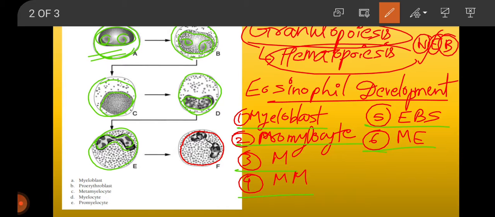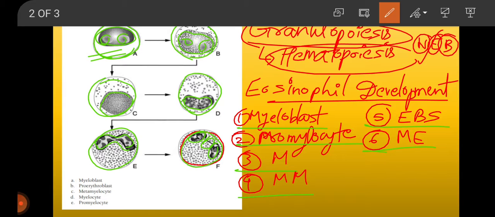The last stage is the mature eosinophil, and this is the stage where we can see that the nucleus has divided into a bilobed nucleus, but still they are connected here. It's not a 2N cell thing. Those two are still connected. Okay, so yeah, that was about the figure.